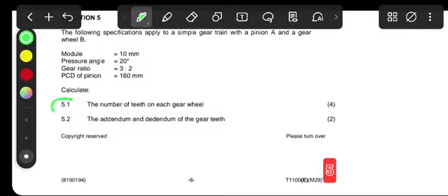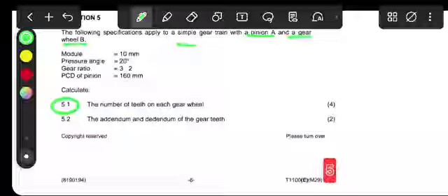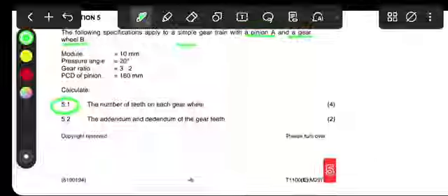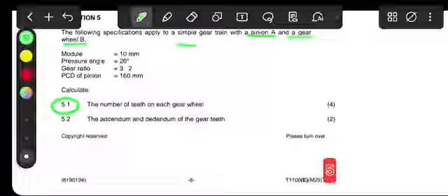So here we're supposed to attack that question. One, the teeth on the gear wheel. We'll call this gear wheel B. Okay, the pinion is gear wheel A. I see you've given something like a PCD of the pinion.